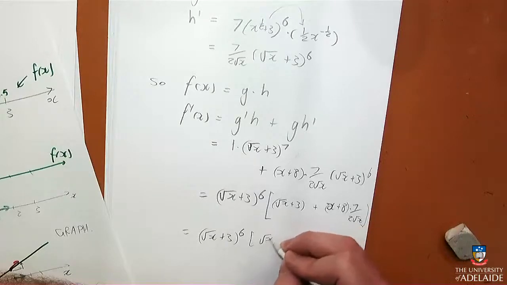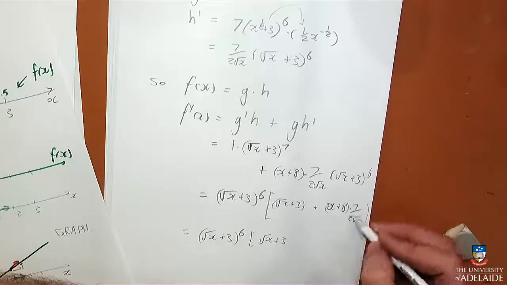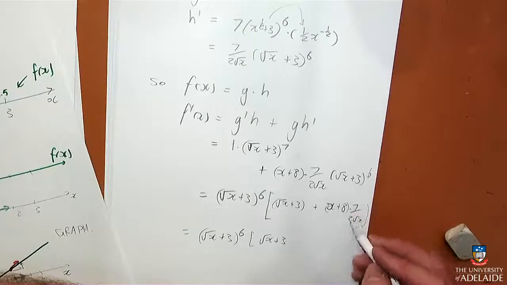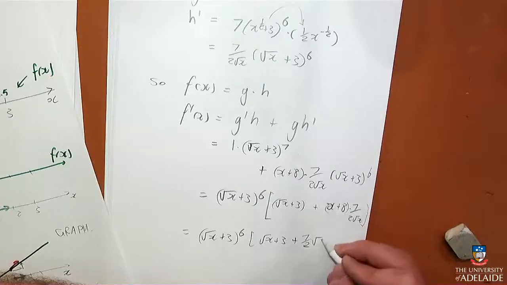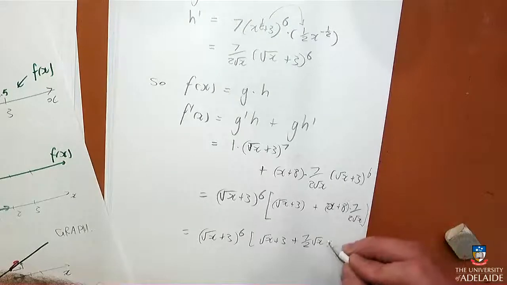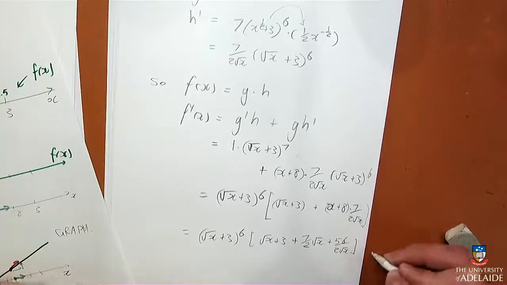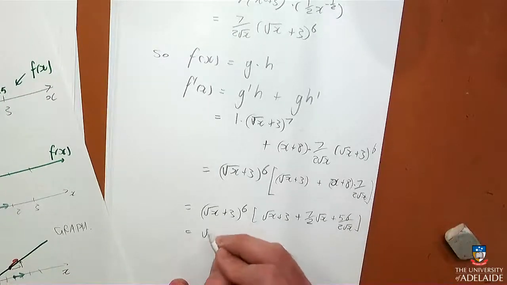So root x plus 3. I can multiply this by that. So 7 over 2 is still going to be there. And x divided by root x is root x. I'm going to get a 56 over 2 root x. Yeah, it's pretty awful.